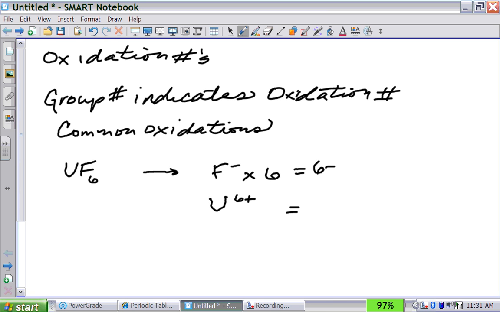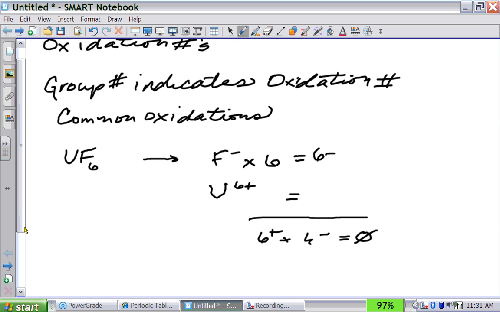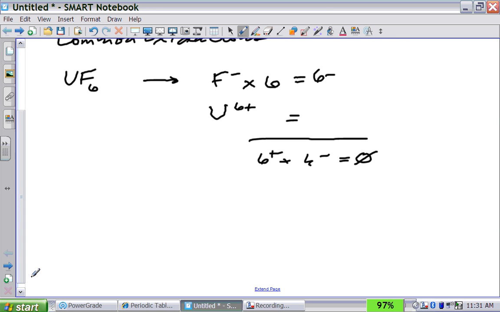Okay? So in this case, if we take our 6 positive and our 6 minus, then that equals 0. Okay? So again, that's just one example of the use of oxidation numbers to help you. Now let's try another one.